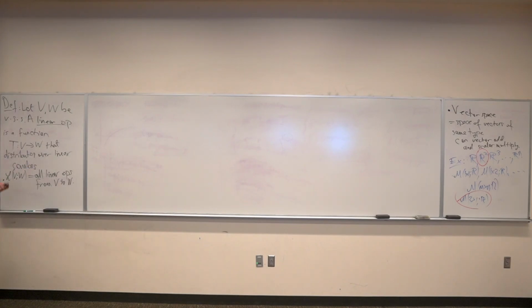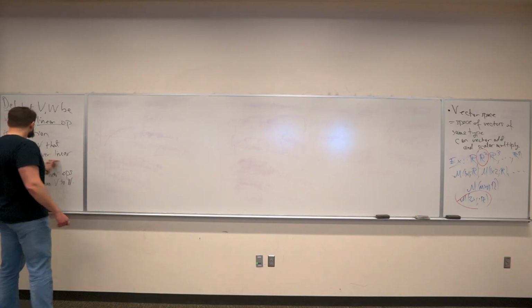Okay? Now what do I mean? In V, I can take linear combinations. I can scalar multiply, vector add. And I can do the same thing in W. The point is, whenever I take a linear combination here and apply T to this linear combination, I want to be able to distribute that T. So this really means this.